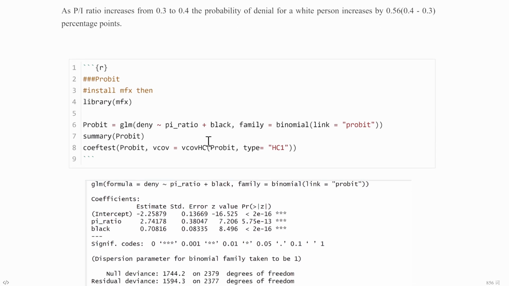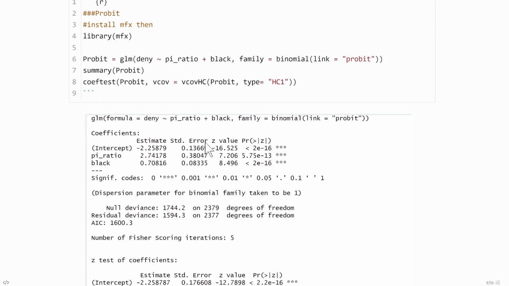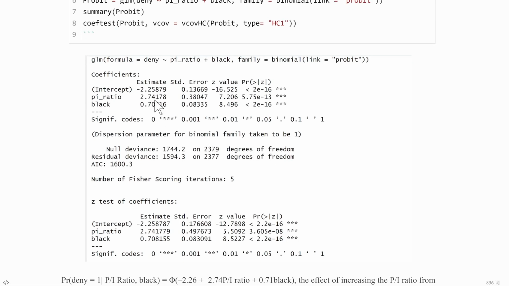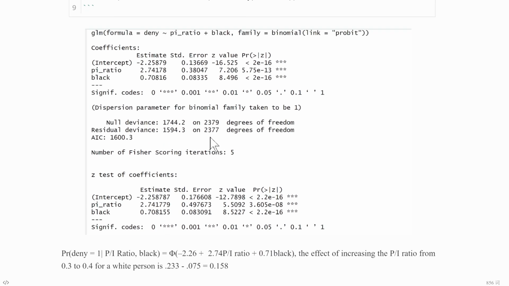And here, use the probit. You have to first install mfx, and you set your probit. Now we use maximum likelihood estimation, glm. You regress deny on PI ratio plus black with family binomial probit, and you coeftest using heteroscedasticity-robust standard errors. Now you have something different. Your coefficient, you cannot just simply use this and say the likelihood increased by 200%.